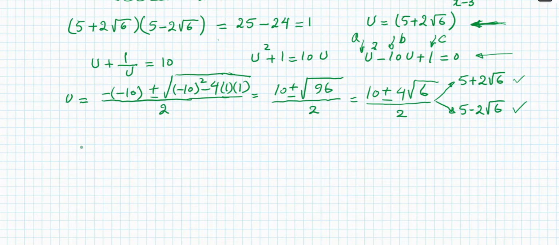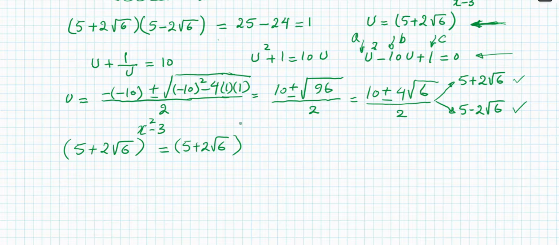So u is 5 plus 2 square root of 6. Exponent is x squared minus 3 is equal to 5 plus 2 square root of 6, and this could be taken as a power of 1.